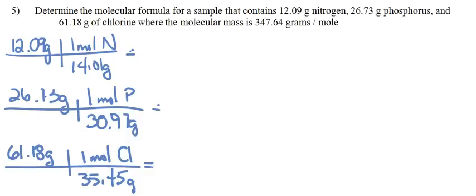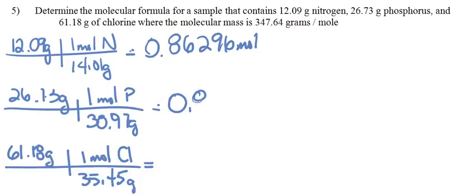0.09 divided by 14.01. So again, I don't want to round too much here. 0.86296. That might be a little overkill, but that's okay. 26.73 divided by 30.97 is 0.86296.